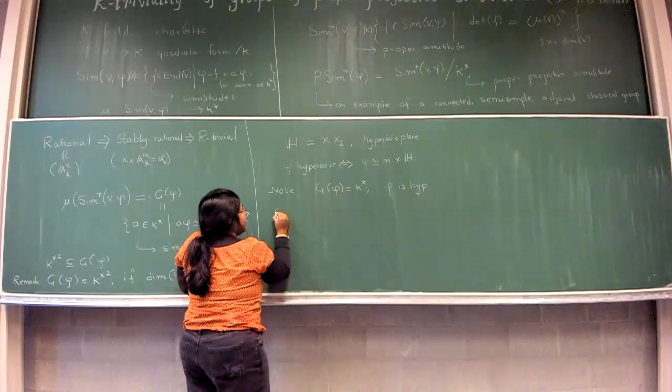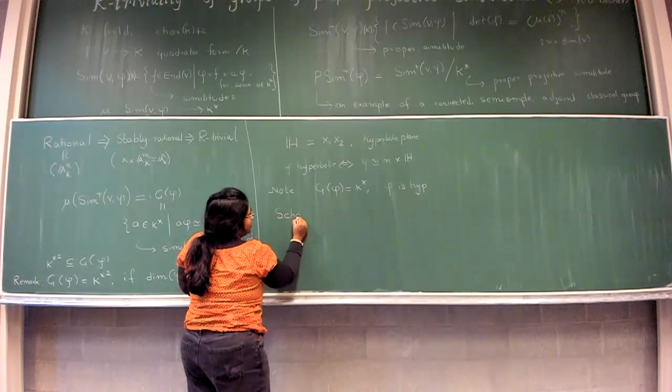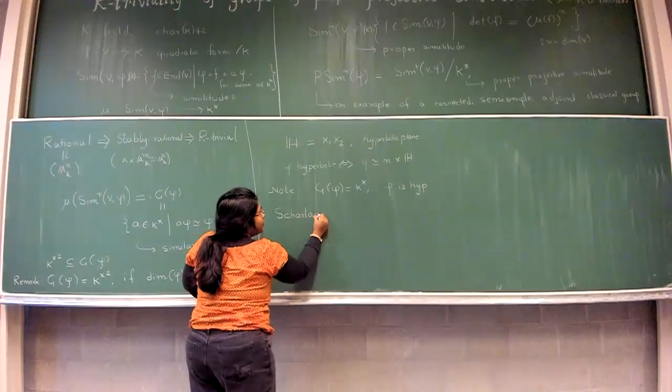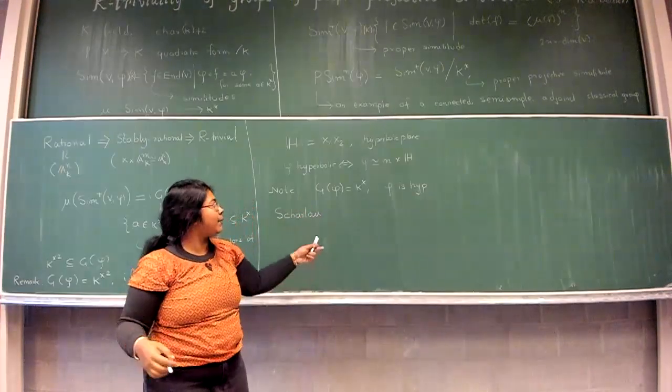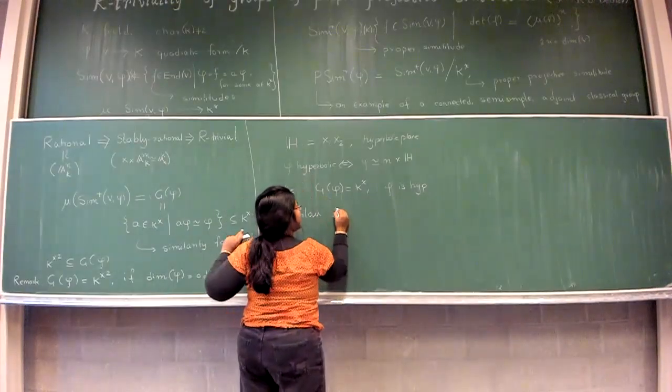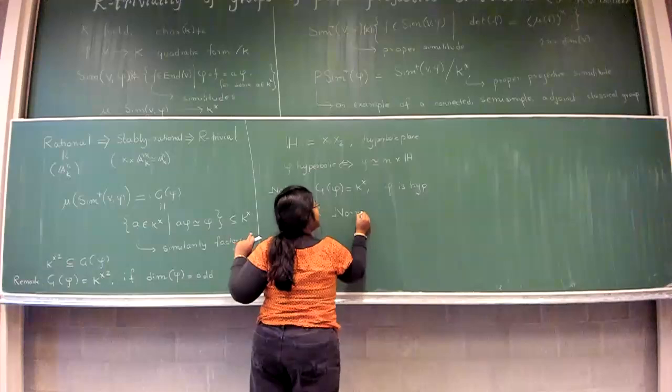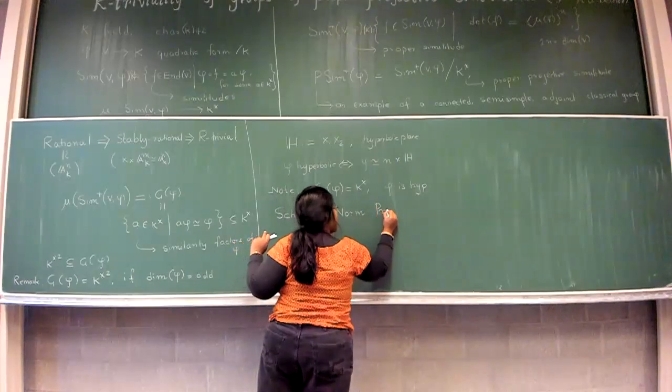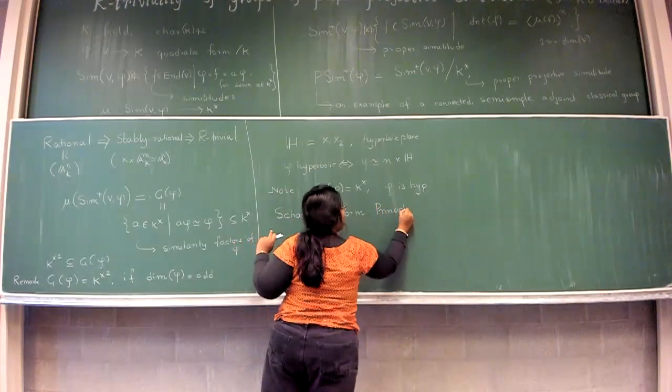Before that, I just want to see how this group acts under the norm map of a field extension. For that there is the norm principle.